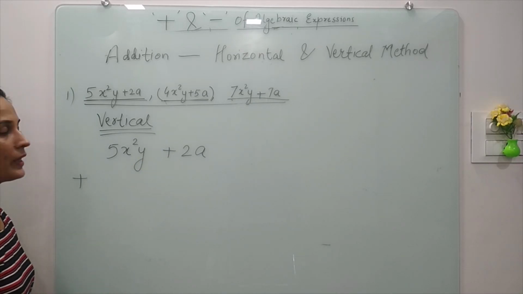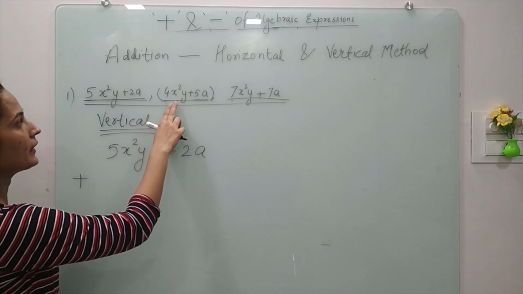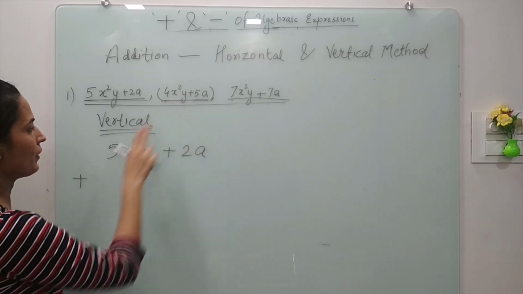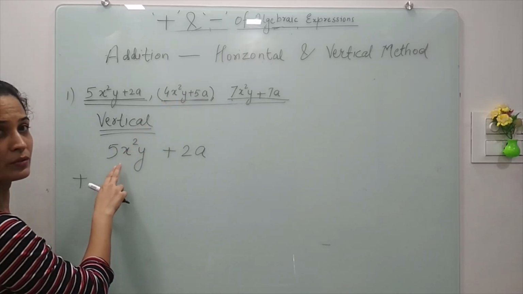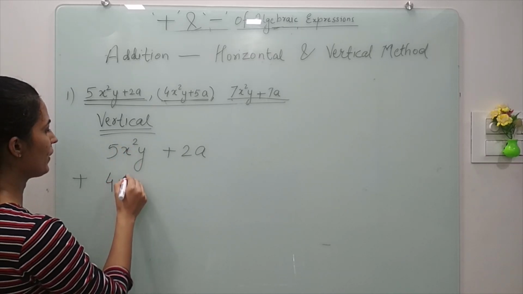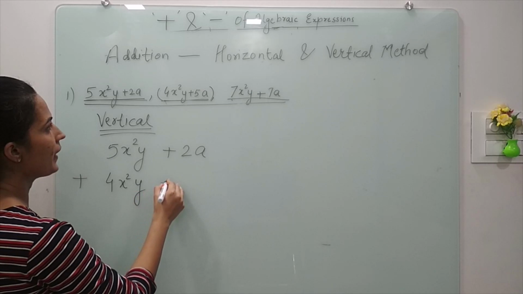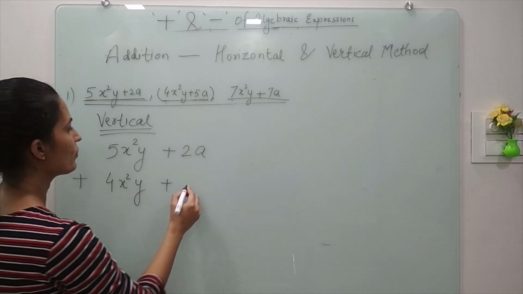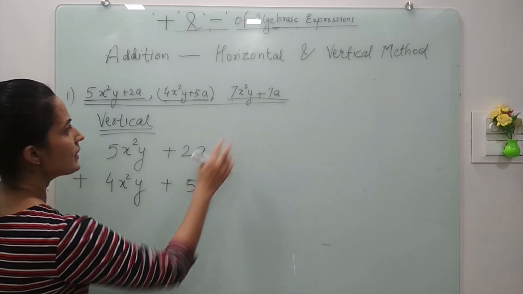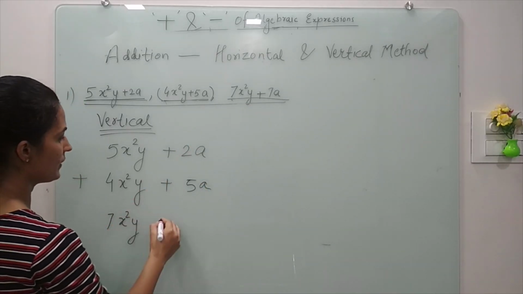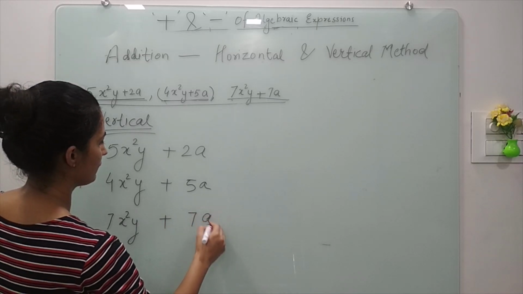What I have to do here is simply write the like term below the like term. So 4x square y is the like term to this 5x square y. I'll write here 4x square y, plus this is 5a. This is the like term to 2a. So this is 5a here. Similarly, I'll write this here 7x square y plus 7a.